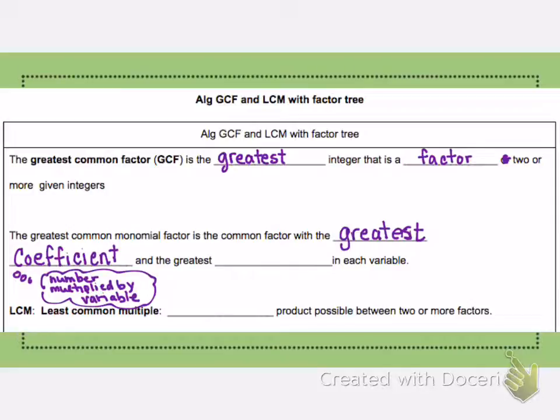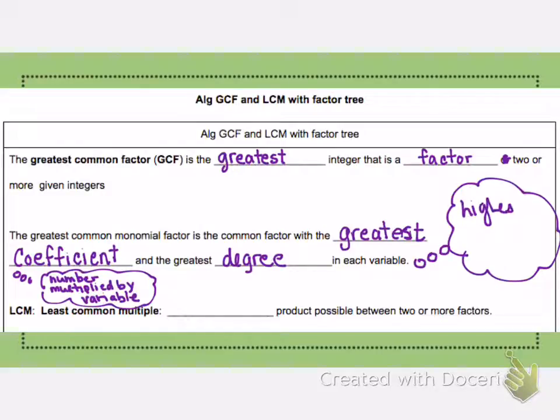So the greatest common monomial factor will have the greatest coefficient and the greatest degree of the variable. And so that is the highest variable power. And hopefully you'll notice that coming up as we go through with GCF.